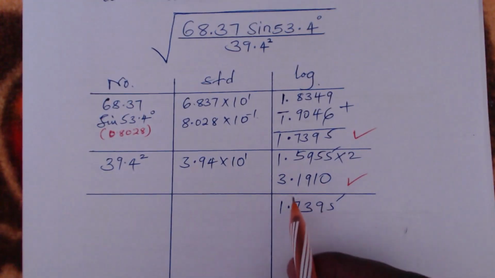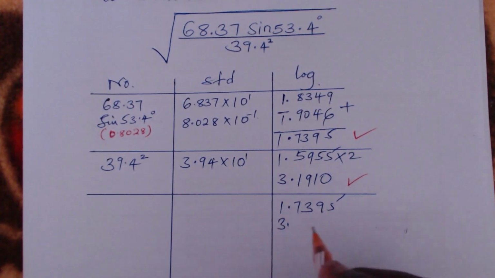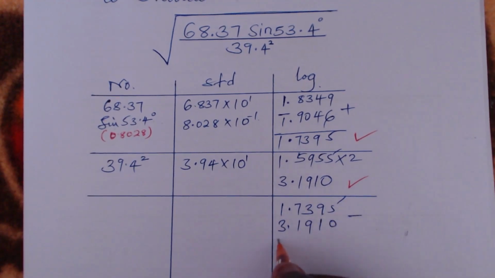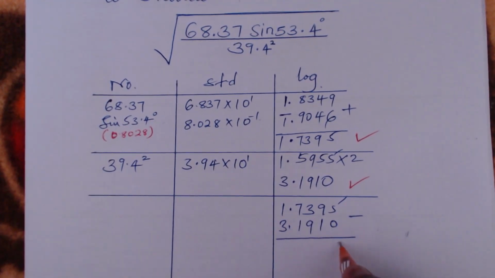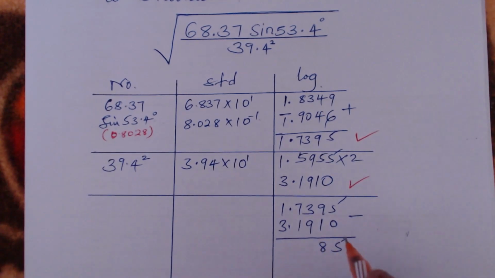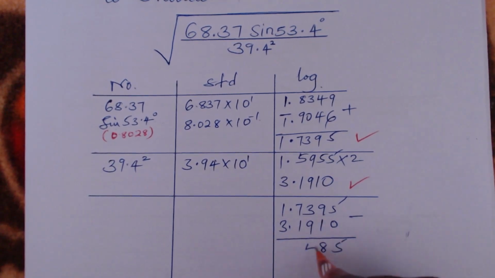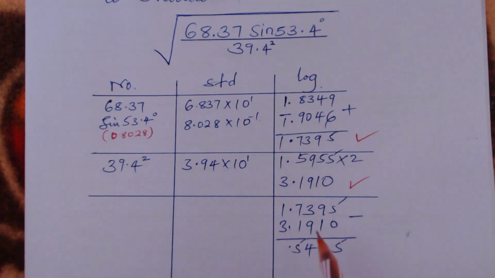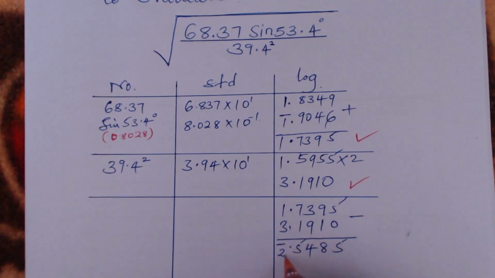Then the denominator is 3.1910. Subtract. When you're dividing, you subtract. So it will be 5. This will be 8. This will be 4. This will be 5. Then 1 subtract 3, you need to be very keen here, you get bar 2.